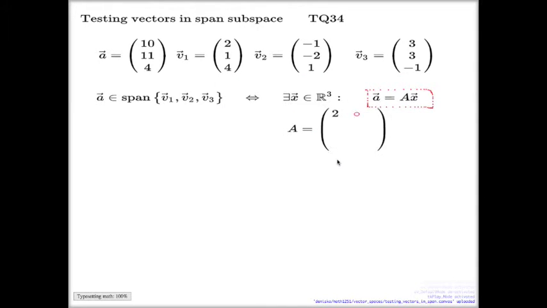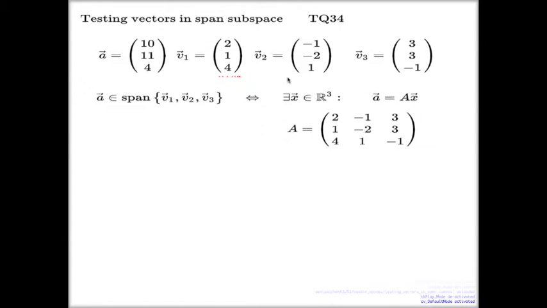So here's my A matrix. I just copied my V's, V1, V2, and V3 here. And now I need to answer the question whether my A, this first A in here, can be given such representation through a particular choice of X vector.